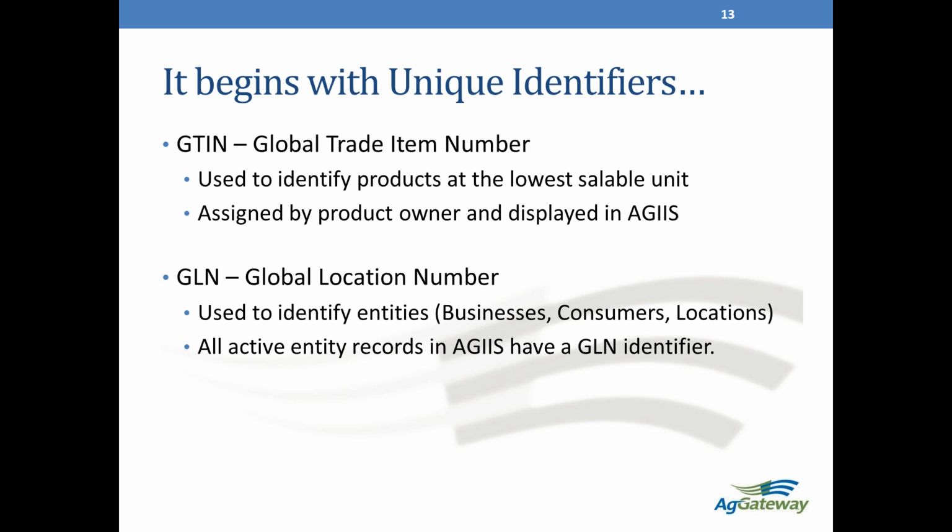Our other 229 subscribers, which are search and view, are companies or individuals that just need a limited view of the database. Maybe they just want to look up an identifier or look up a product. They have the capability of doing that.